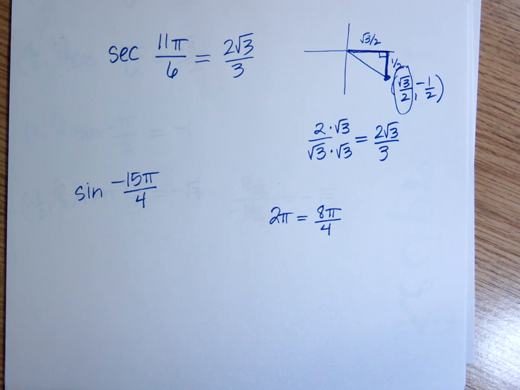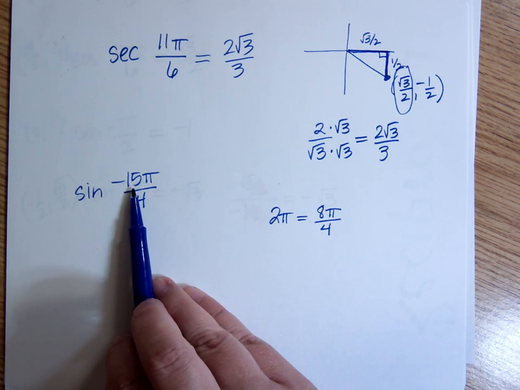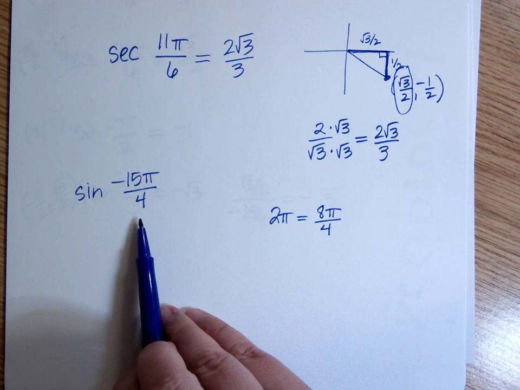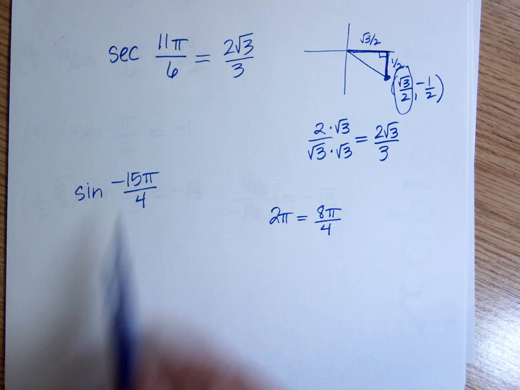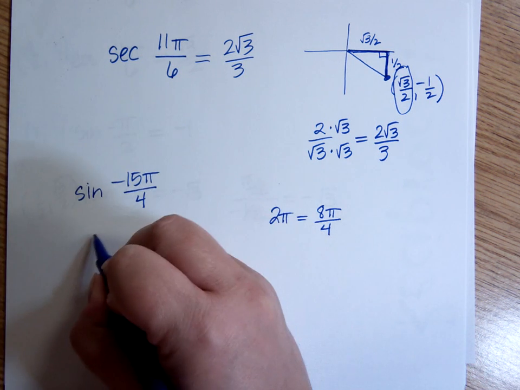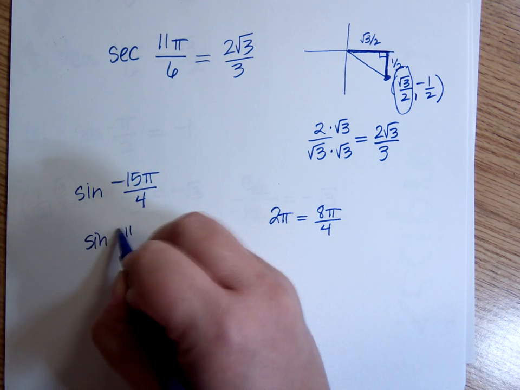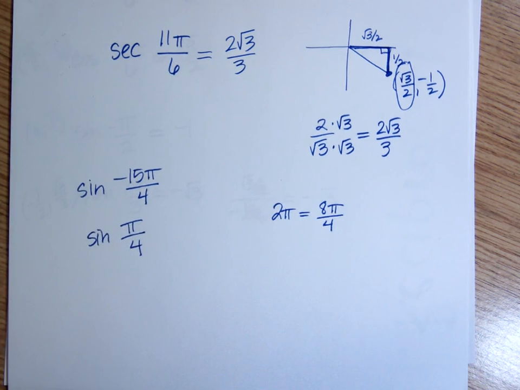If I'm at negative 15 and I add 8, that's negative 7/4. So negative 7 pi over 4 would be coterminal with this angle. That's still negative. It'd be easier still if I add 8 over 4 again. Negative 7 plus 8 is positive 1. So this is the same as this. It's asking me the exact same thing.